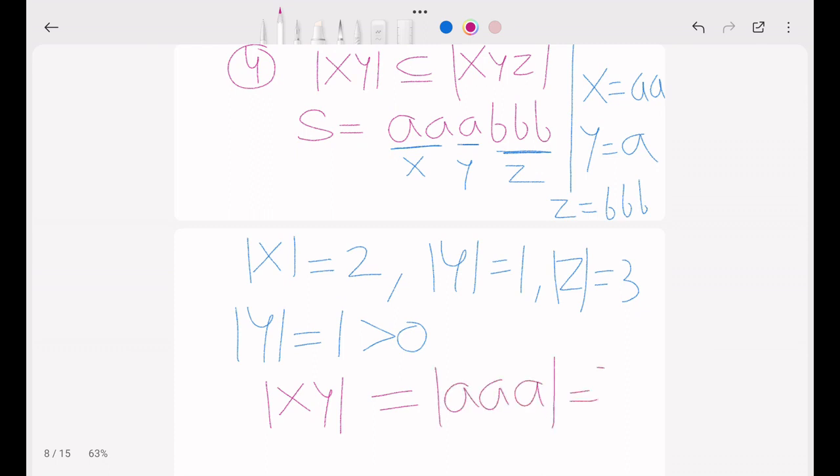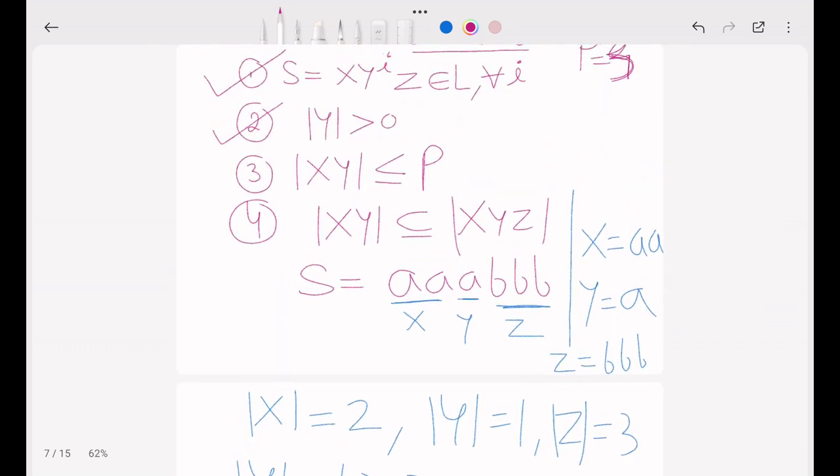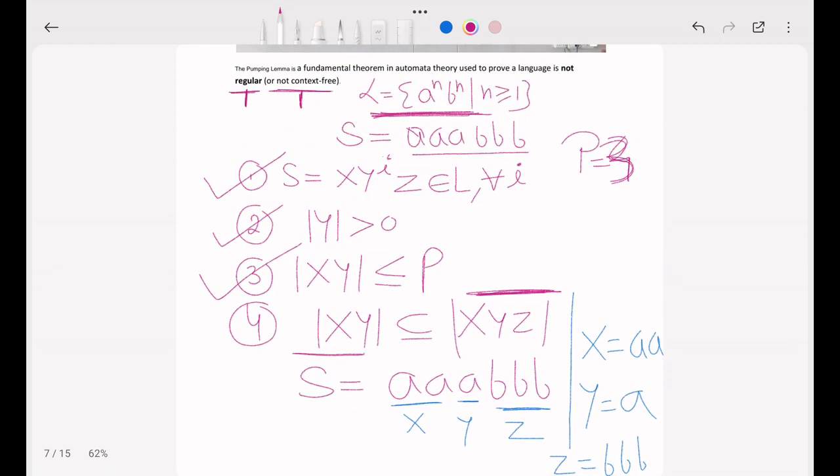This length is equal to 3 and it is less than or equal to 3. So this is also correct. The total length of xyz is equal to 6. This is my string xyz.